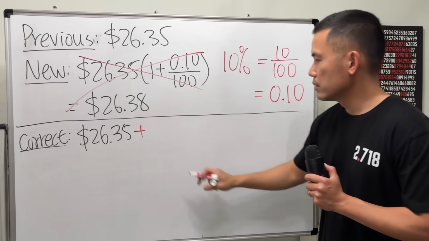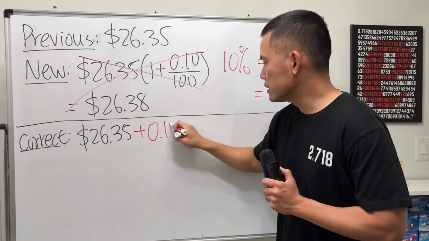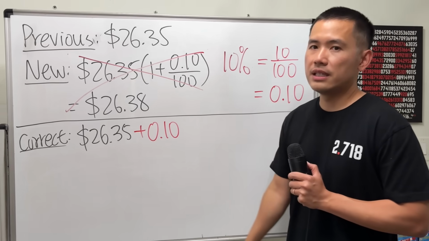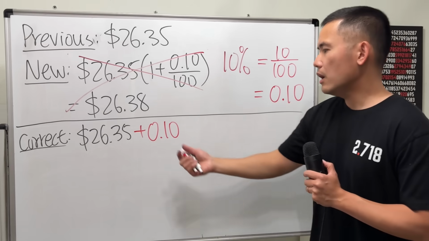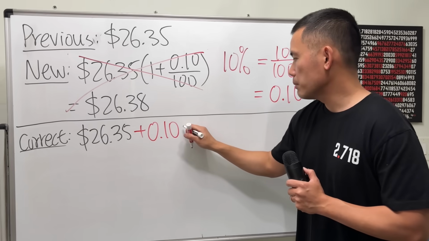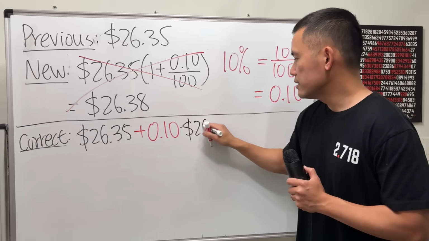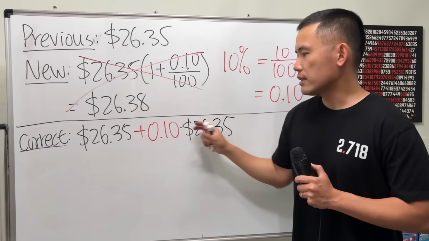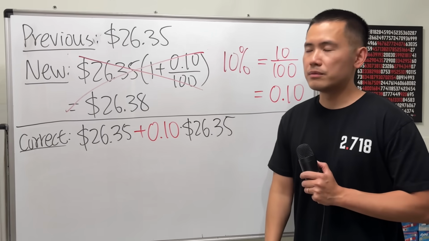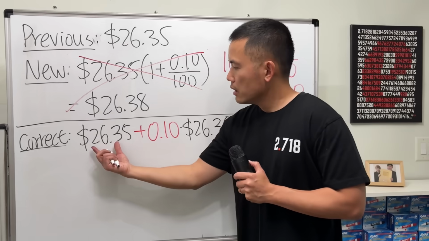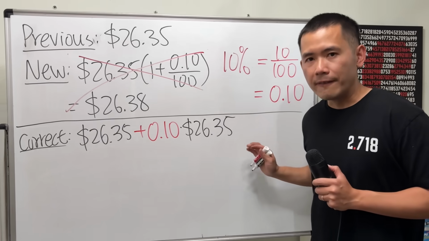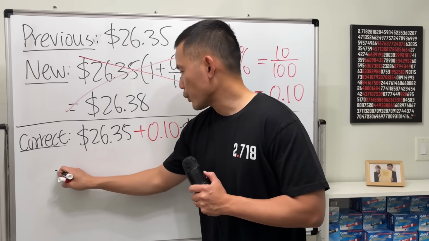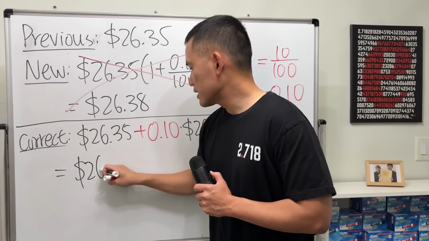So either you put this or you put that, one or the other. Let's use decimal. 0.10, this is 10%. Of the original, so I will just have to multiply by 26.35. And then if you enter this onto a calculator, you will get the answer. But notice, this and that are the same, so we can factor that out. So we get 26.35.